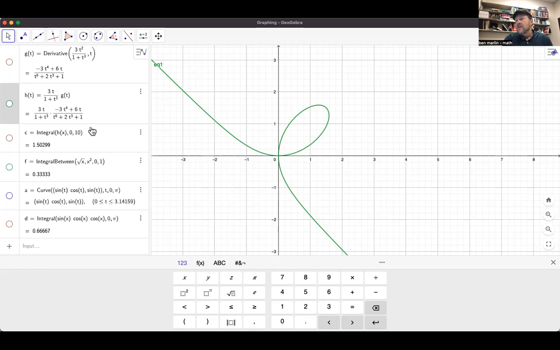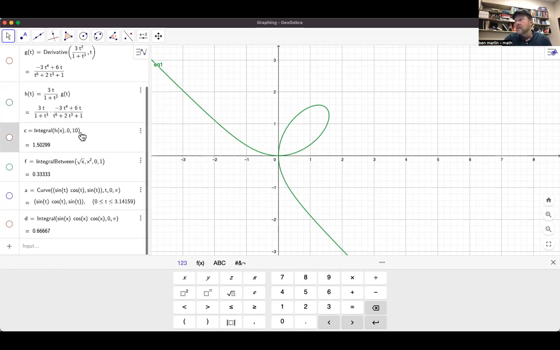Yay! So I started trying to integrate that function by hand, and when I did, it was just very messy. So I came back here to GeoGebra and said, hey, could you integrate that for me? I should first of all tell you that when I said integrate that for me, it didn't. Let me show you more.